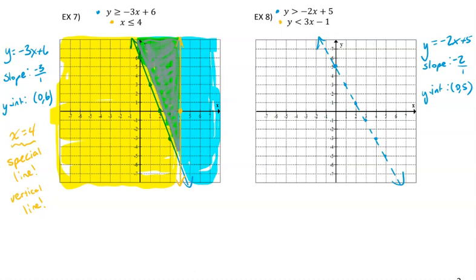And again, I just made sure to draw it as a dashed line. It is greater than, so that still means above. So above is going to be this area up here. So we can go ahead and fill that in.